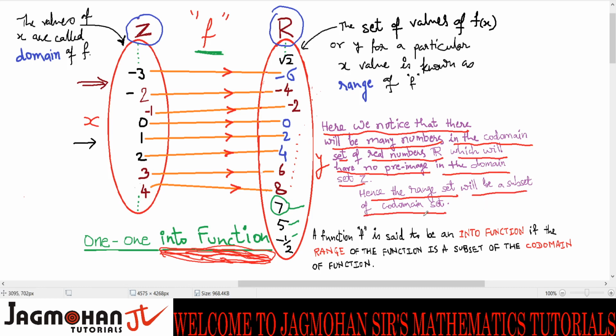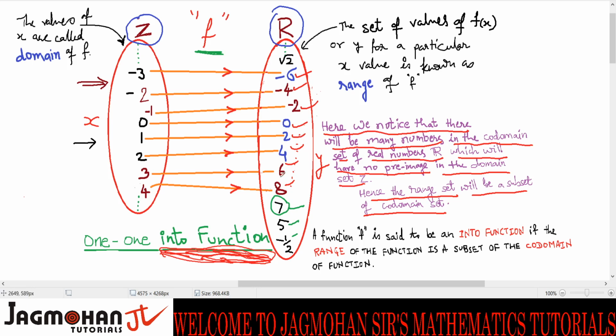So students, if I start writing the range set, I will have to include these numbers: negative 6, negative 4, negative 2, 0, 2, 4, 6, 8, and definitely many more. Even these will be infinite numbers, but that range set will always be a smaller set than the set of real numbers.